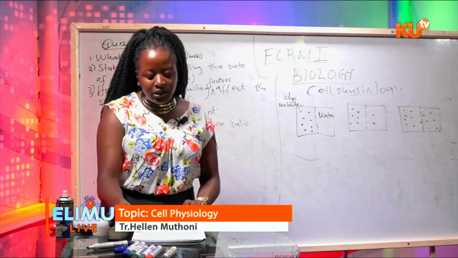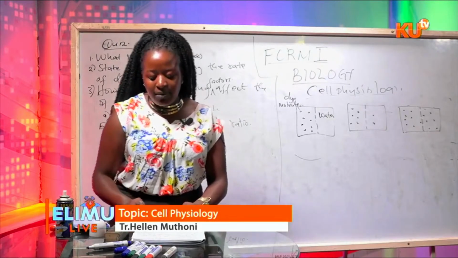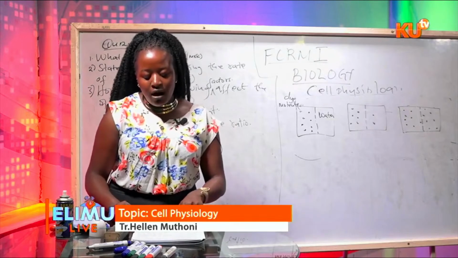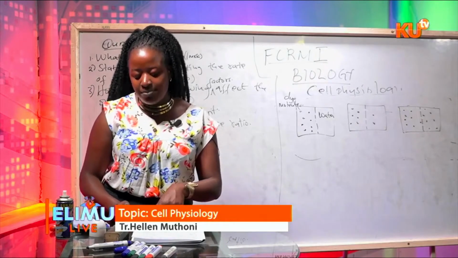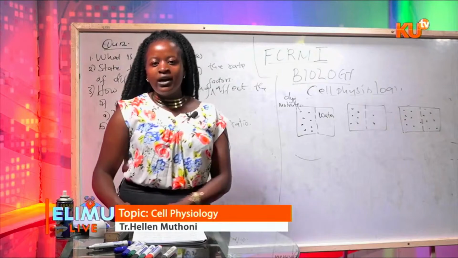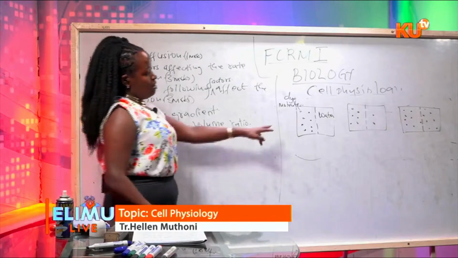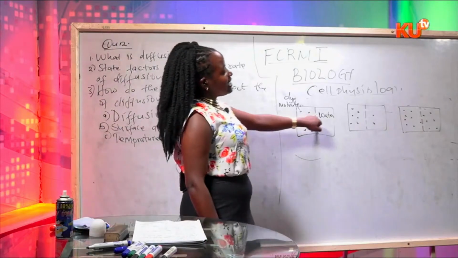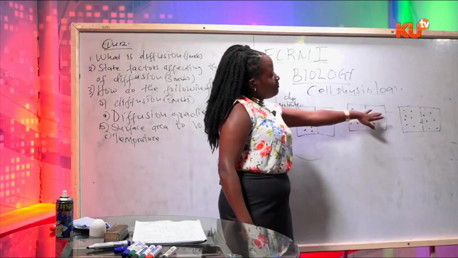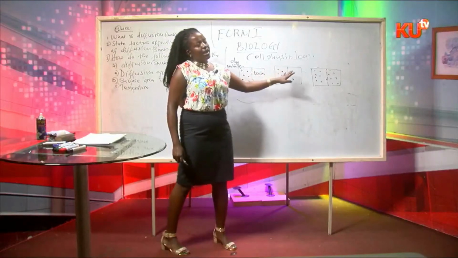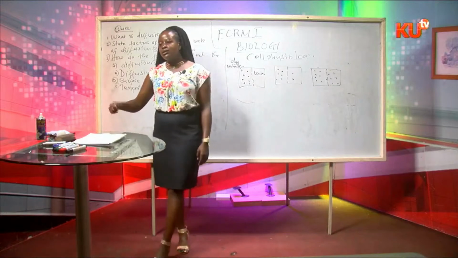Then another question: state 2 ways by which the movement of dye molecules in the setup would be slowed down. This movement from one region to another, how can it be slowed down?